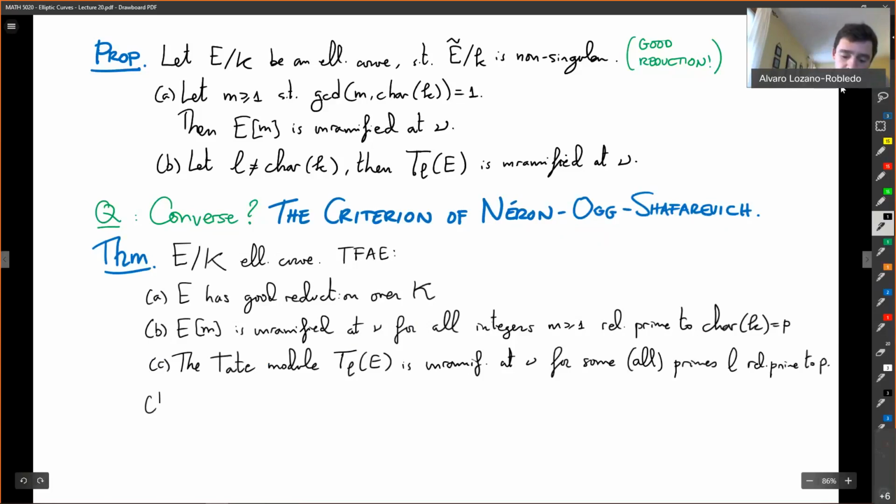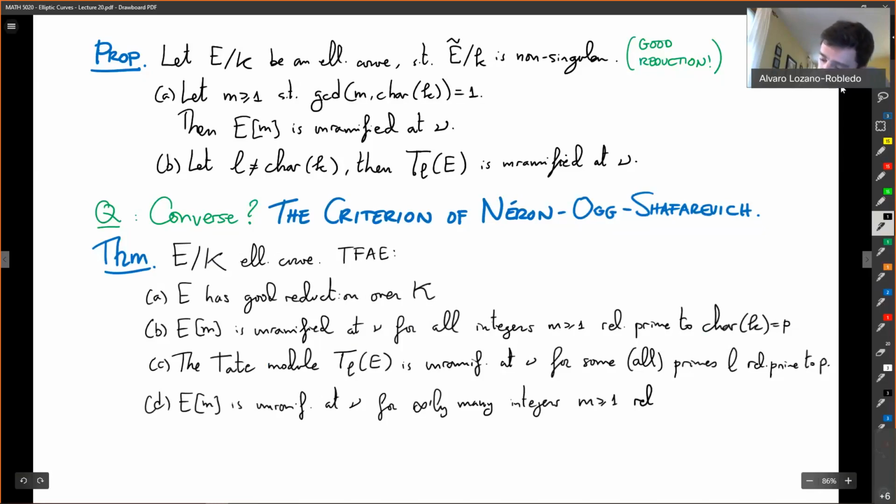And (d) E[m] is unramified at nu for infinitely many integers m relatively prime to p.